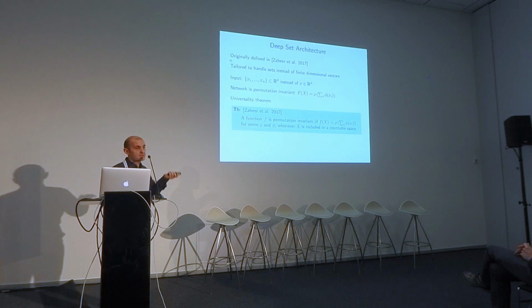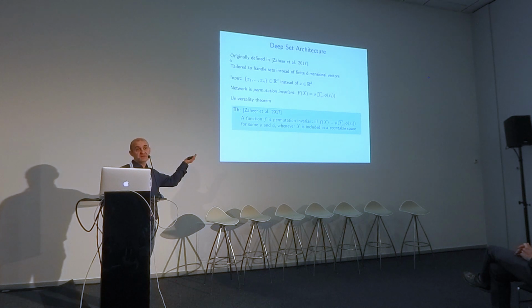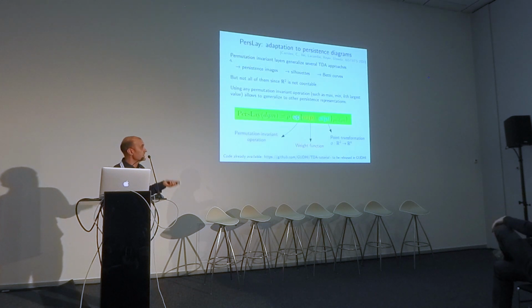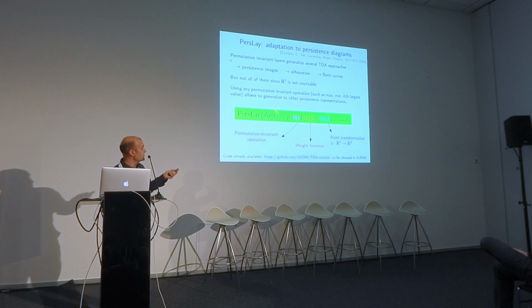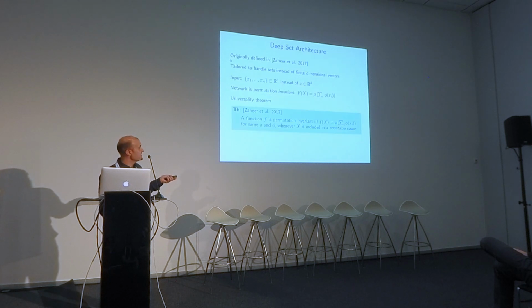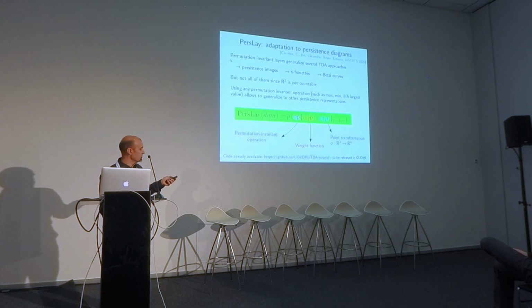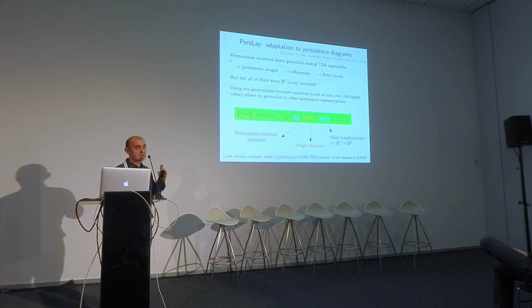And the idea here, when you see this kind of tools or technology, is very appealing to think of persistent diagrams as input sets, and then to design an architecture which is more or less similar. We call it Perslay, that roughly is implemented as the composition of a function with a sum, but to have almost all the existing representations of persistence, including some ones that are not linear.